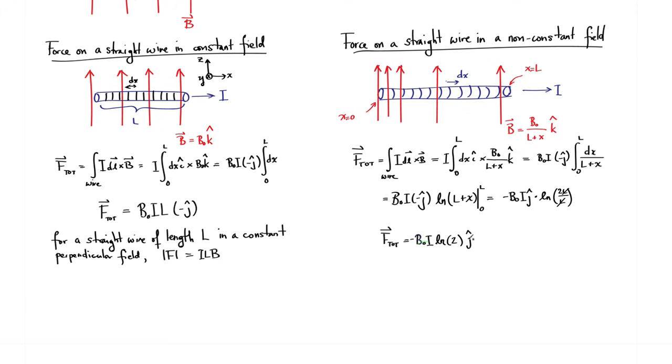One thing you'll notice here is that actually I lost my L. And the reason for that is that this here is B naught over L plus x. B naught must then have units of magnetic field times L, because if B naught had units of magnetic field, which I probably should have chosen a different constant instead of B naught, but if this was a magnetic field and I divided by a length, then B would be magnetic field divided by meters.